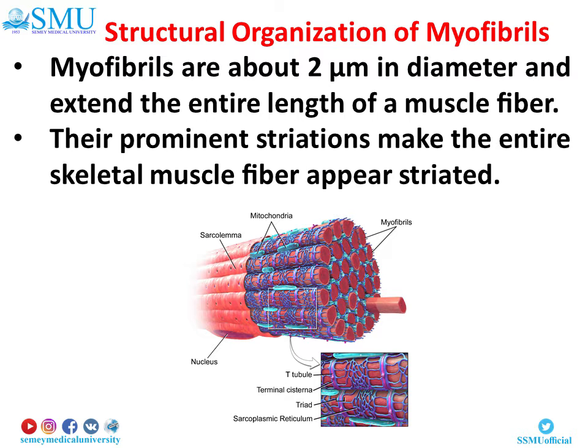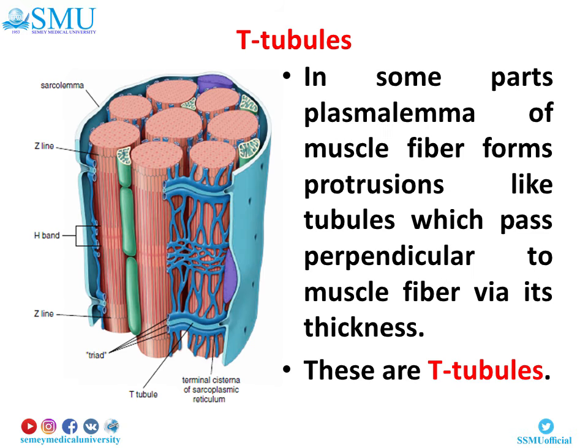Their prominent striations make the entire skeletal muscle fiber appear striated. A fluid-filled system of membranous sacs called the sarcoplasmic reticulum encircles each myofibril. Dilated end sacs of the sarcoplasmic reticulum, called terminal cisterns, abut the T-tubule from both sides.